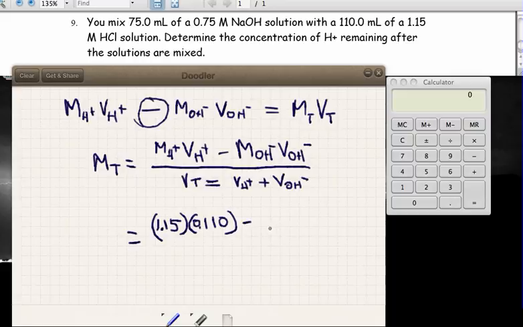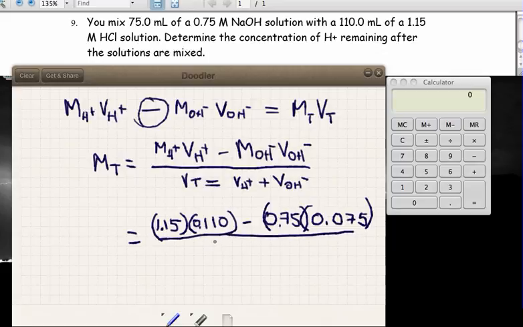And then we subtract from this 0.75 molar times 0.075 liters, divided by the sum of these two volumes, which is 0.110 plus 0.075.